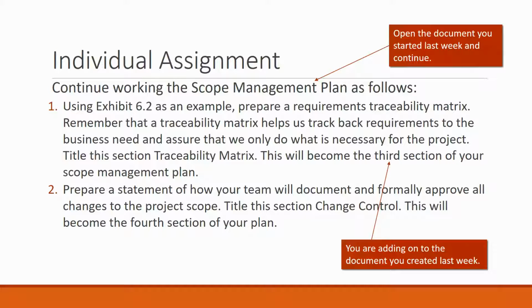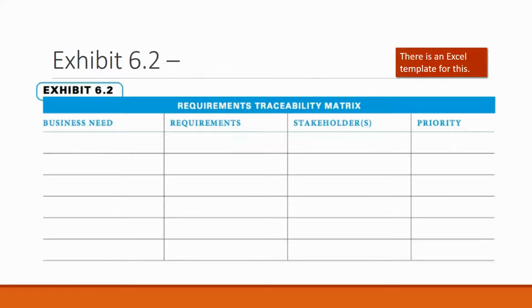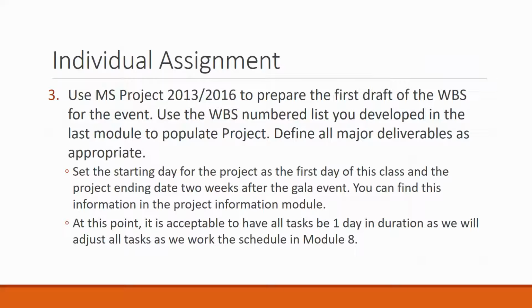All right, that's section number 4. This is Exhibit 6.2, your requirements traceability matrix. It is an Excel template. You can open this up, fill it in, and then copy and paste this template to make section 3. Notice you've got business need, requirement, stakeholder, and priority.